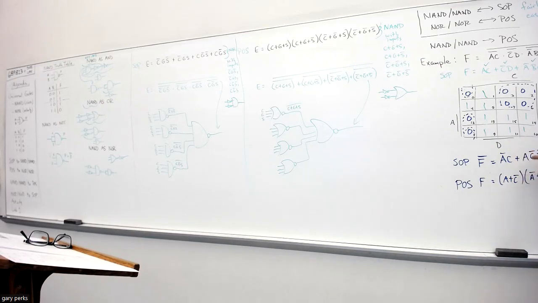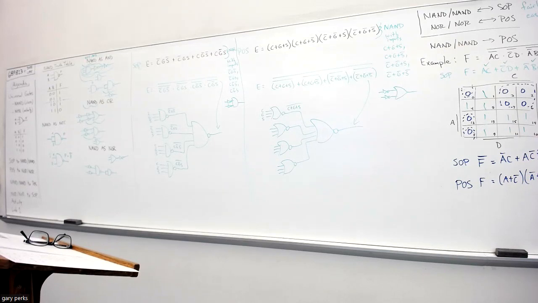I inverted everything, right? And these ands went to ors. These ors went to ands. I highly recommend that just like what I'm doing, double checking, you do the same thing, because it's very easy to miss inverting something or miss changing an and to an or, or an or to an and. So I always double check because it's just very easy to make a mistake when you do that SOP to POS, or if you go the other way too. Okay.